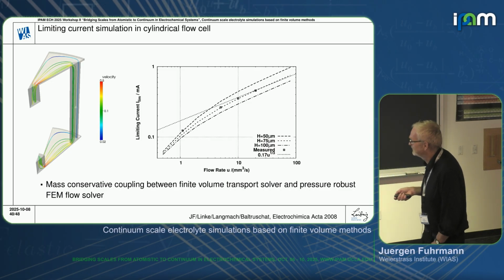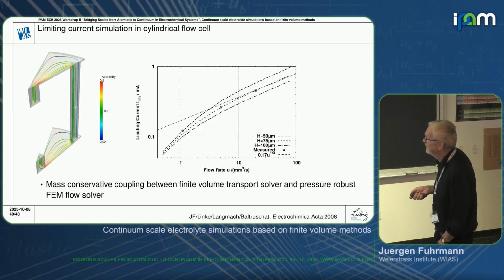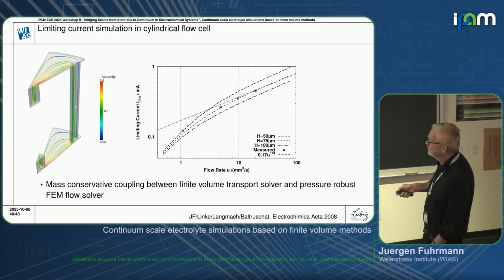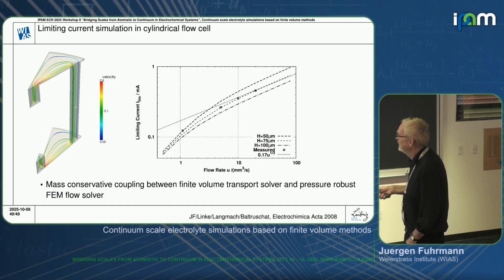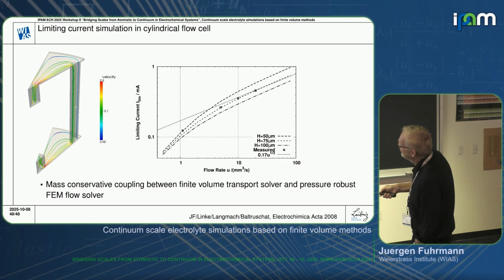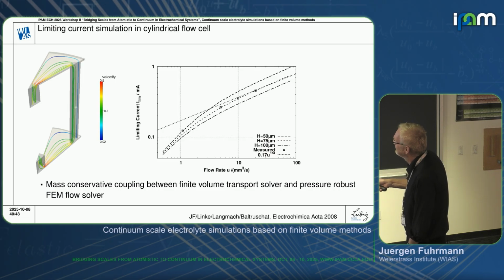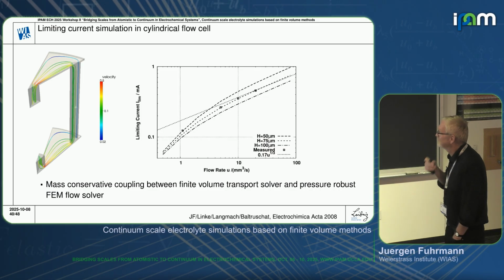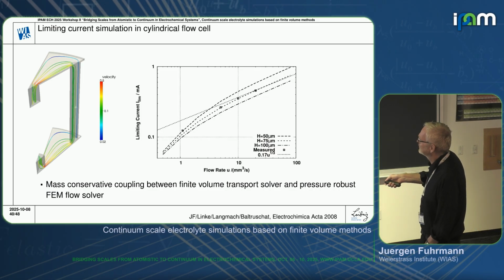We had some cooperation with Helmut, with the Baltruschat group in Bonn, where we did Navier-Stokes solutions for their flow cell, also coupled to species transport, and we see that we don't have this kind of third root dependency on the flow rate for their flow cell, but we can still take a look at the limiting current and compare it, and for instance match this to the cell height, which was a little bit unclear by the construction of the cell.